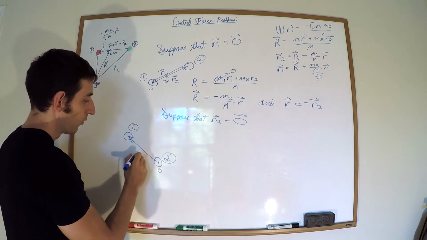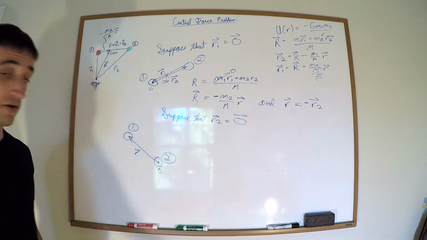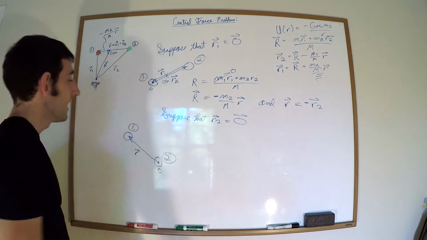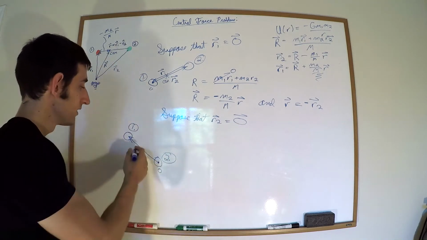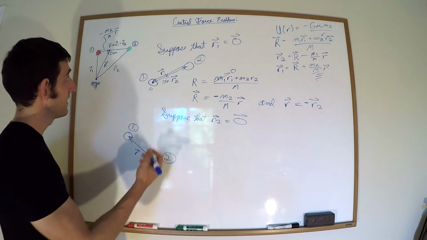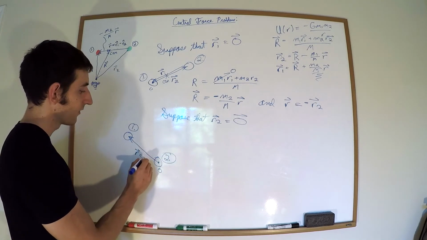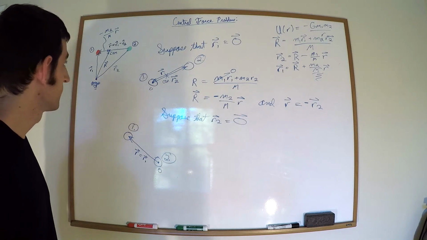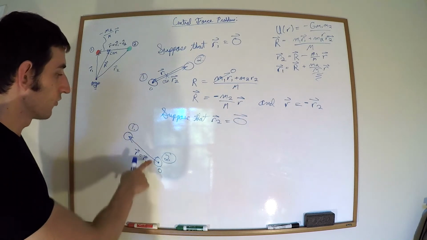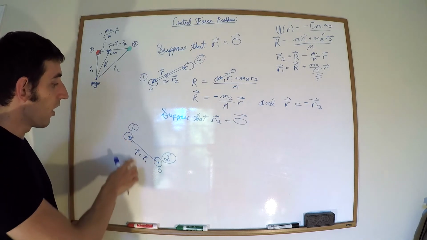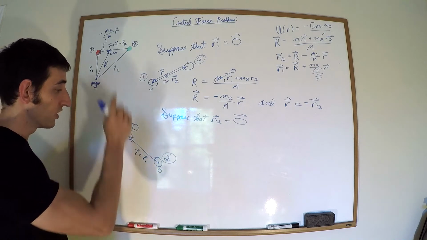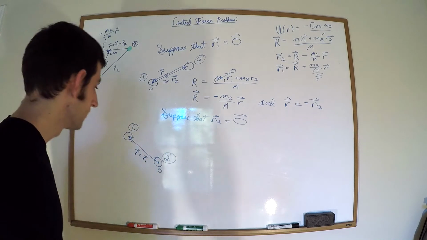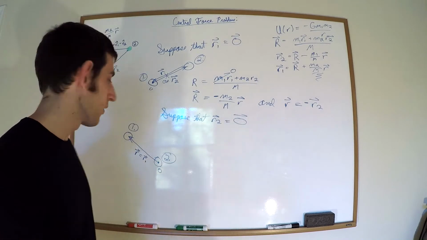So we're going to have R, which is always connecting particle 2 pointing towards particle 1. In this case, it also coincides with R1, the same exact thing, because R1 is defined from the origin to 1, and little r is defined from particle 2 to particle 1.